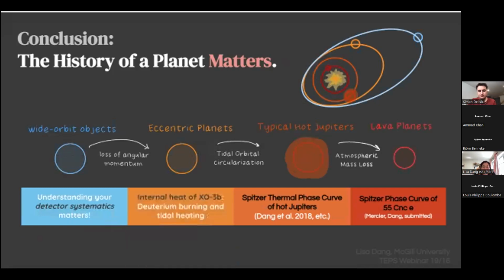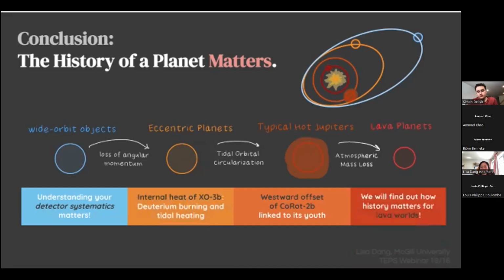First, in Dang et al. 2022, with the potential internal heating of EXO 3b; in Dang et al. 2018, where we saw the westward offset of CoRoT-2b possibly linked to the youth of the planet. And then in the future, we'll find out how this matters for lava planets. So I'll leave this summary up, and if there are any questions, I'm happy to answer them.